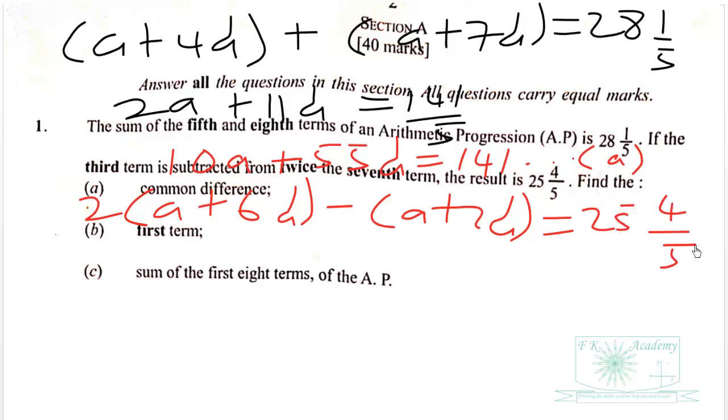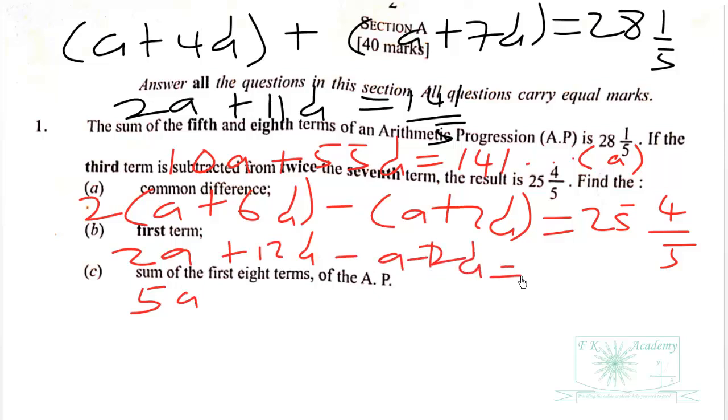So first you expand to get 2a plus 12d minus a minus 2d is equal to 129 over 5. So this will simplify to 5a plus 50d equal 129.